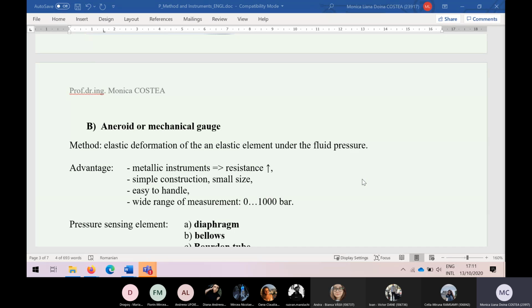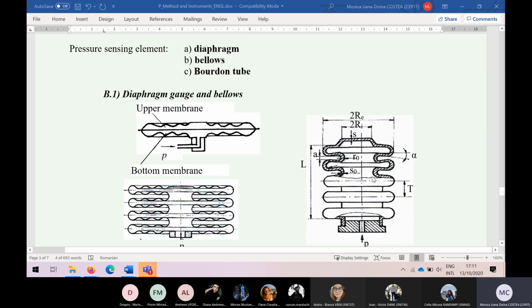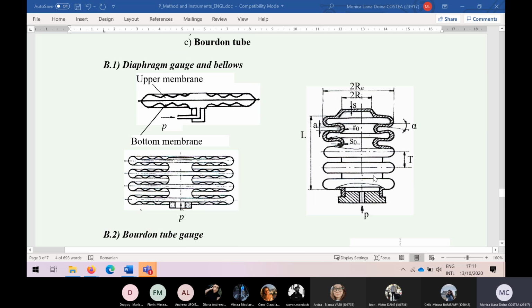This sensing element, which has the deformation, could be a diaphragm, a bellow, or a Bourdon tube. I have some drawings here for each element, but we can better understand on two small movies. Let us explain this one first.